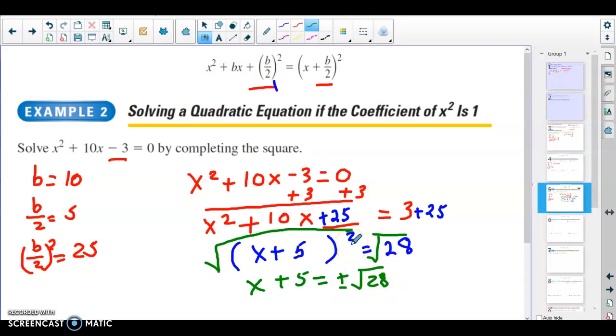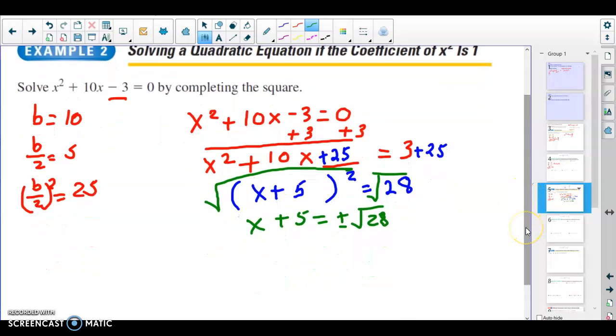All right, let's come over here. Oops, I'm new to this board here. All right, not done solving this. I'm going to move that 5 to the other side. So now I have x. Oh, let me show you the step.